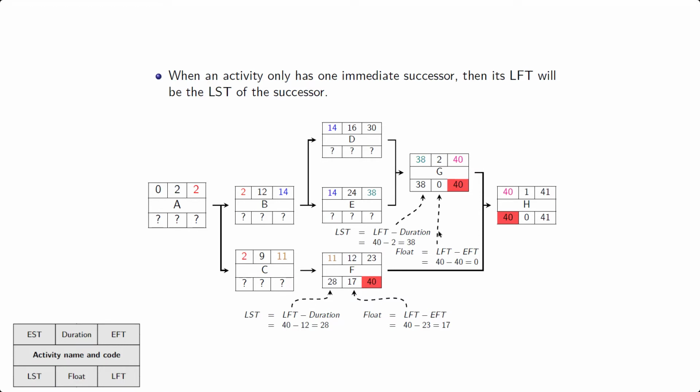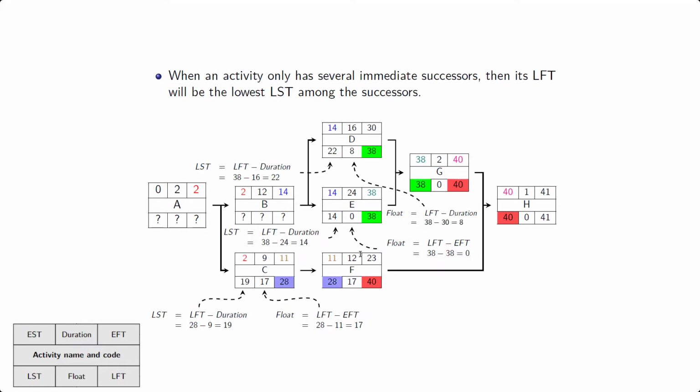So any single activity that has a float of 0, that's on the critical path. Activity F here has a positive number for float, so this means that this can actually be delayed for quite a while without it impacting the total duration of the project. So you can delay it by as much as 17 time periods here before it becomes a problem. So that's something to keep in mind.